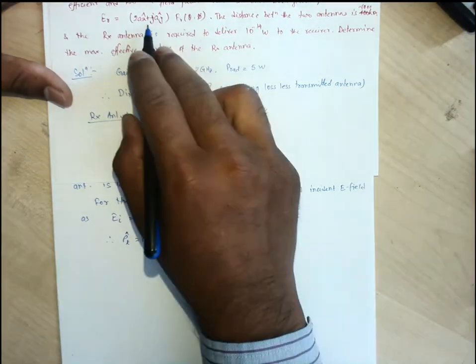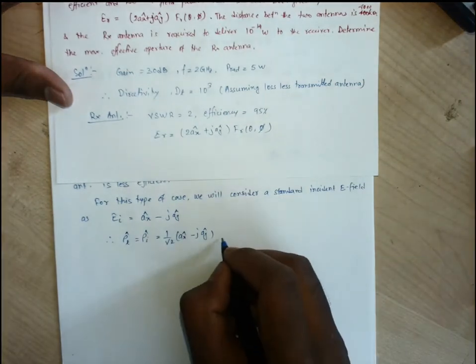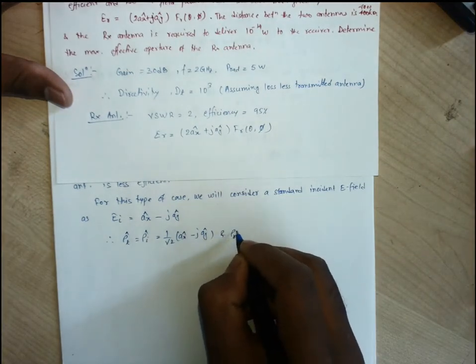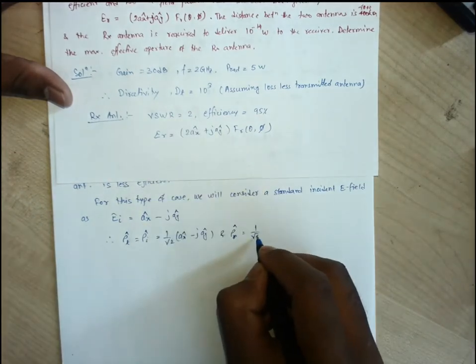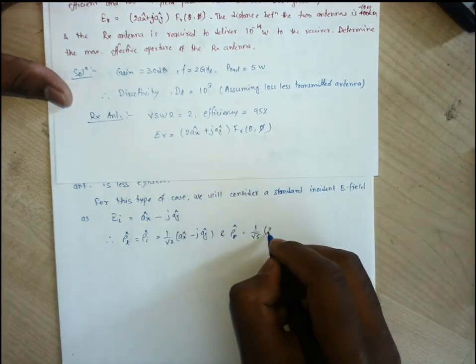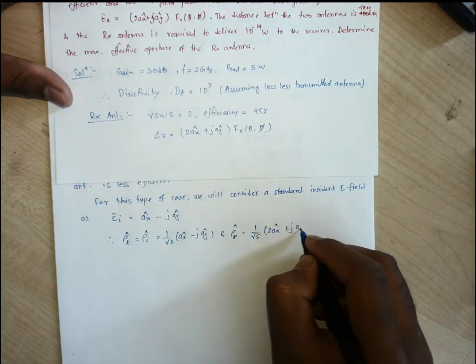And for the receiving antenna, this is the polarization condition. So we can easily take out that one as rho R is equals to 1 by root 5, 2AX plus JAY.